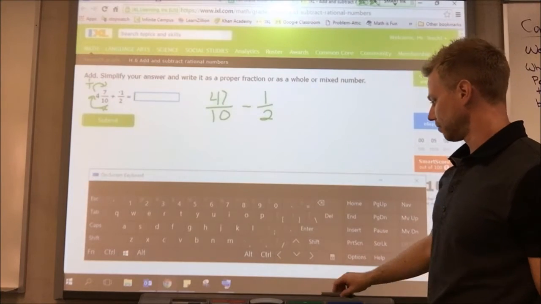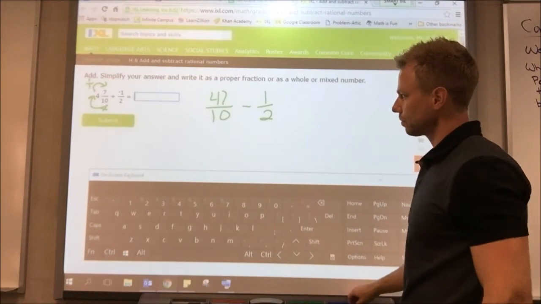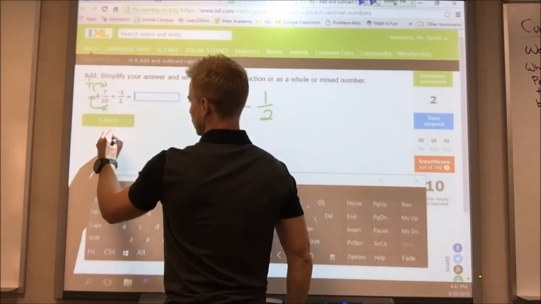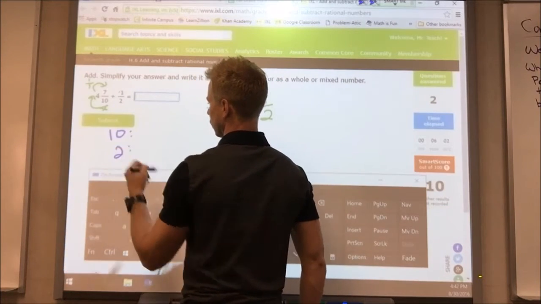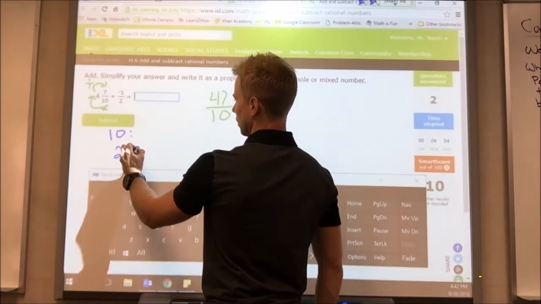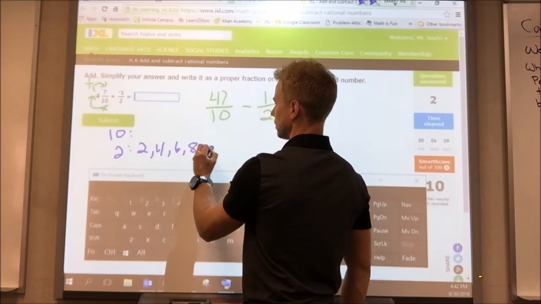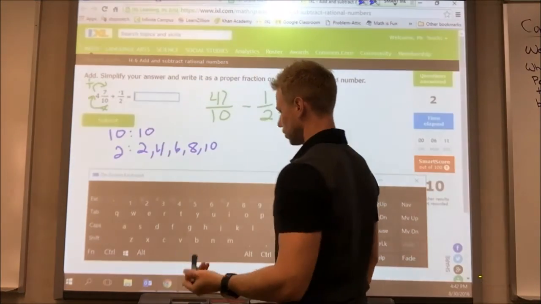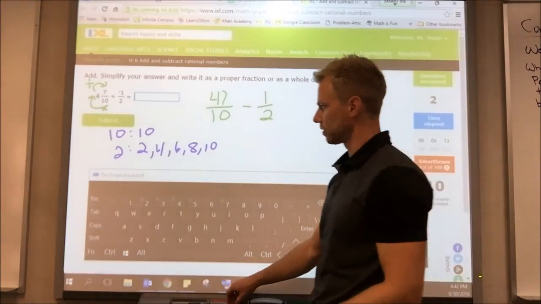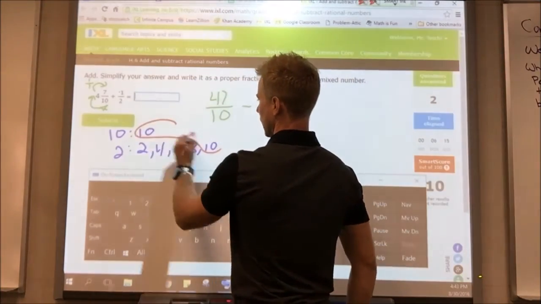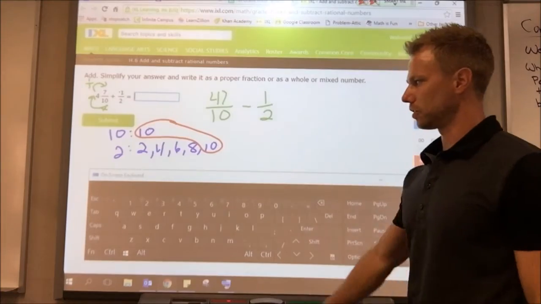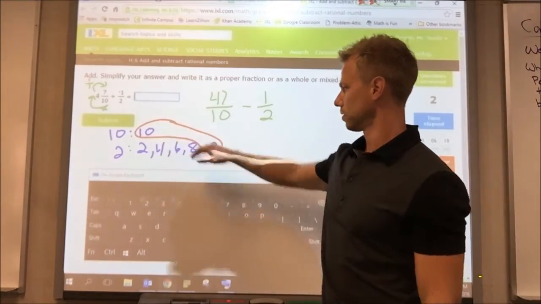All right, now I need to find my common denominator. Again, list out multiples until we find one that's the same. So 2's, we go 2, 4, 6, 8, 10. 10, we start with 10. All right, and we can see the common denominator is 10. The smallest number in both lists is 10.